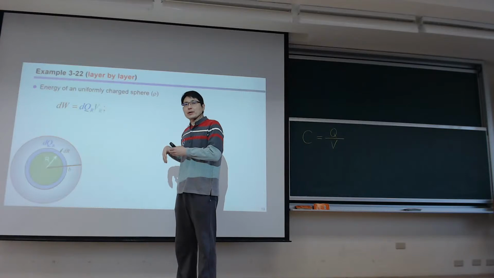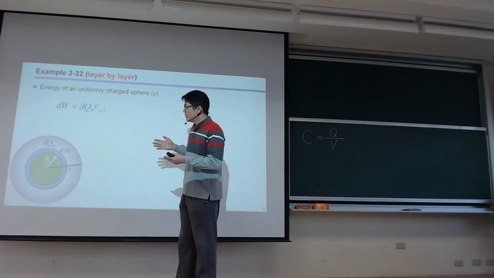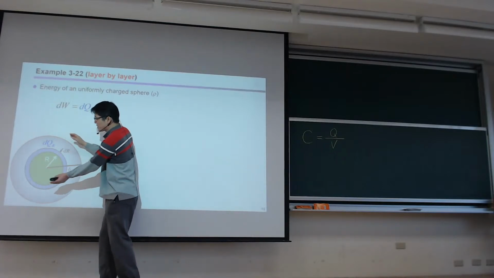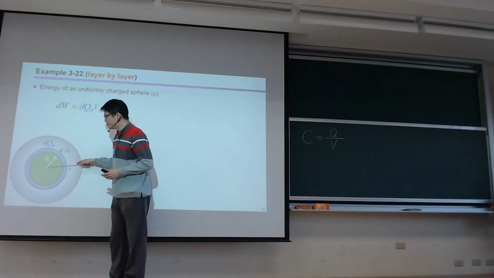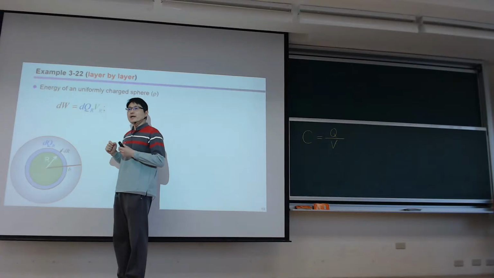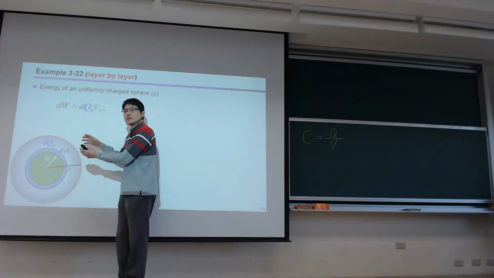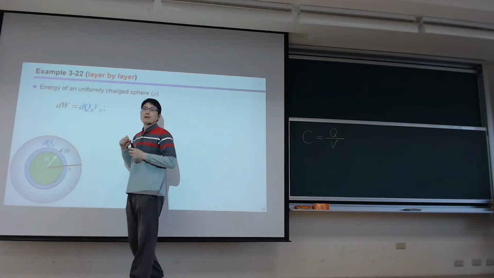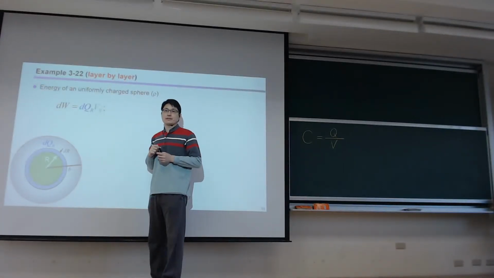First, I'm going to walk you through when we assemble this charged sphere with a radius of b, we are trying to assemble it in a layer by layer method. Okay?